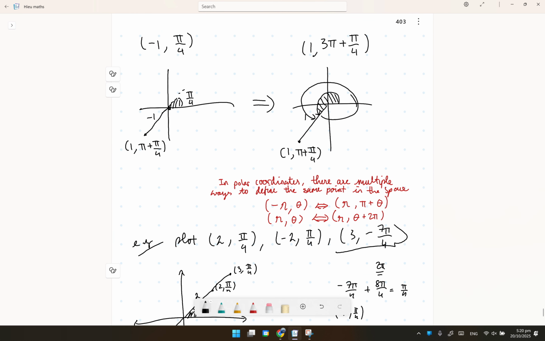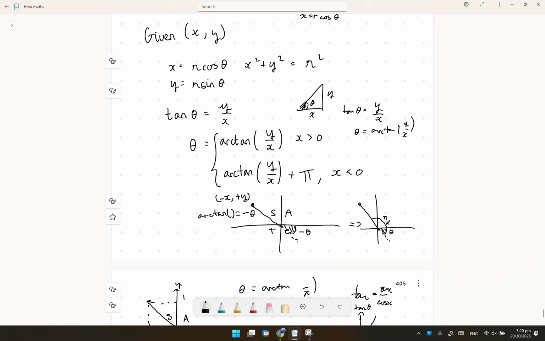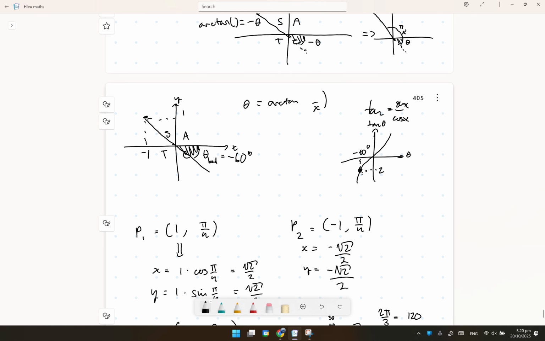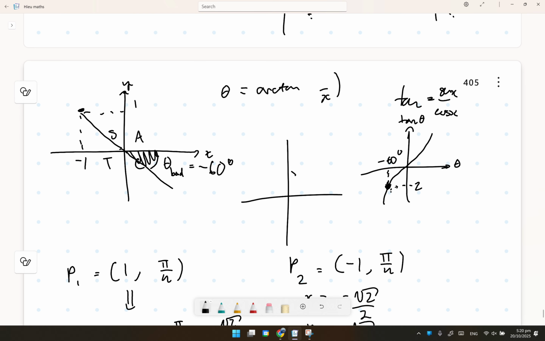Theta bad is going to be equal to negative 60 degrees, which is fine, because a negative angle is okay. As we've shown up here, if you had a negative angle, it's no different than just going to here, but in terms of positive. Let's say that we had a line like this, and we can either get this angle, this would be theta positive.